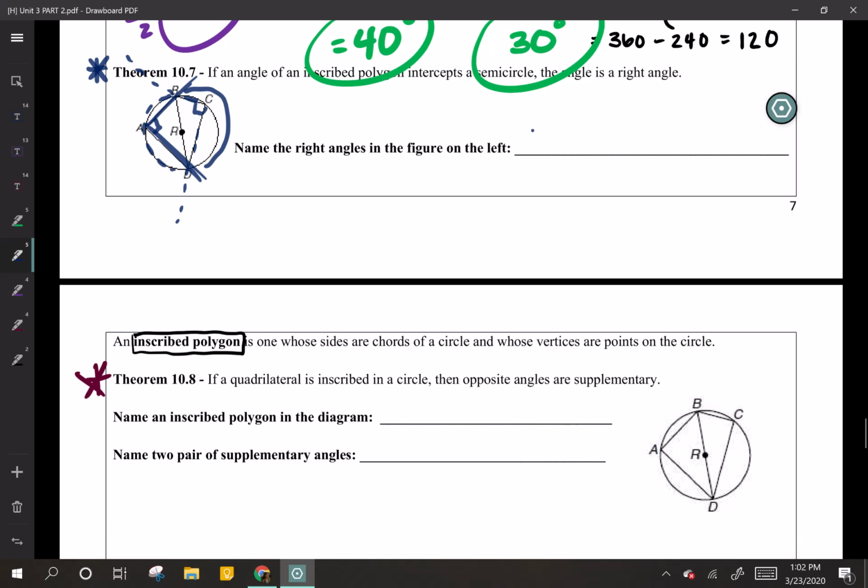Okay, so I could say angle A is congruent to angle C, which are both equal to 90 degrees.